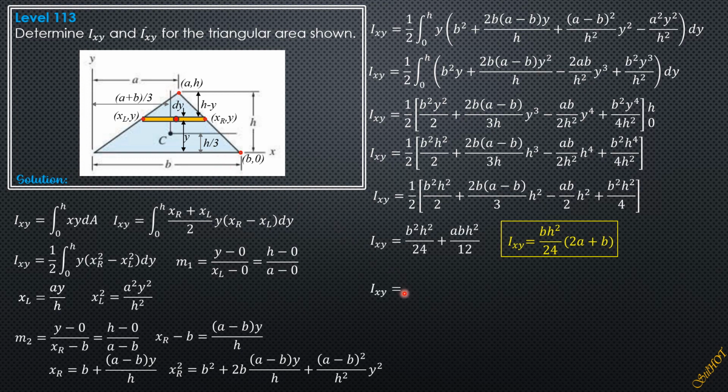So Ixy equals I barred xy plus area times x barred times y barred. We already defined x barred, which is quantity a plus b over 3, and y barred, which is simply h over 3. And the area of the triangle is 1/2 base b times height h. So b square h square over 24 times 2a plus b equals I barred xy plus 1/2 of bh times a plus b over 3 times h over 3.